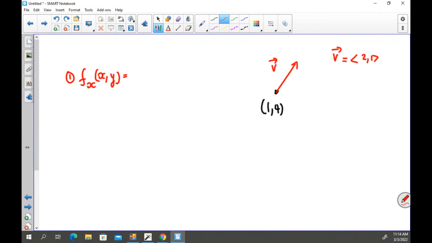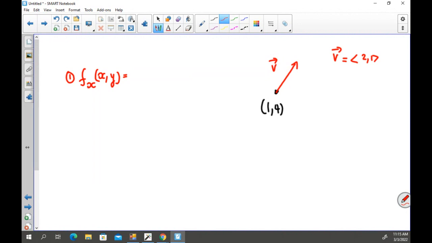So here, what will be the fx? Look at this function. You want its derivative with respect to x. This is of the form e to the power of u. What is the derivative of e to the power of u?